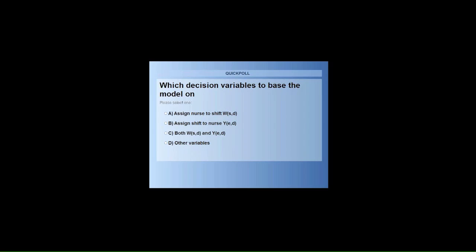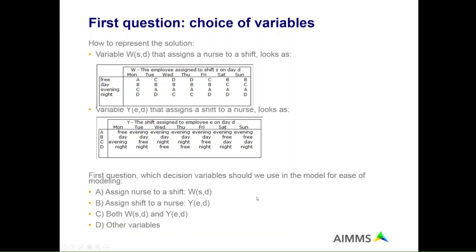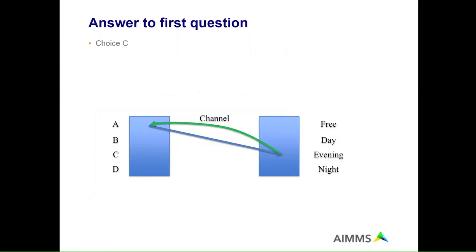Close the poll. And shall I share? Okay, Wilger, how many people have chosen C? Which percentage? 56%. Okay, and great. 22% A and 22% had B.